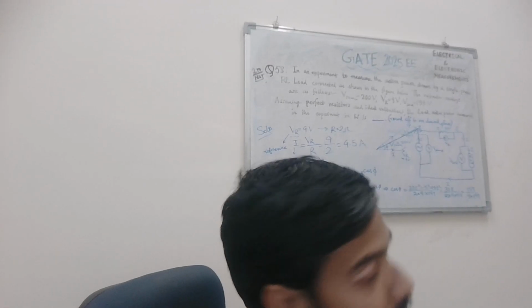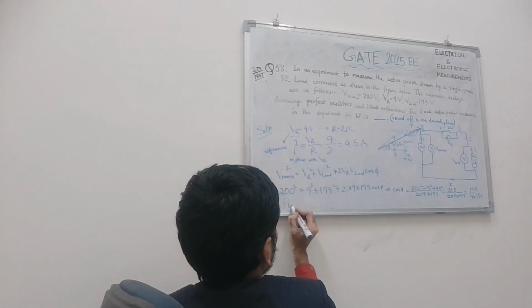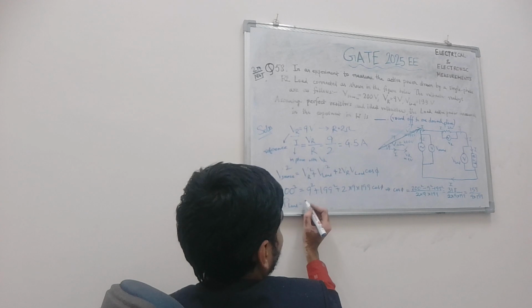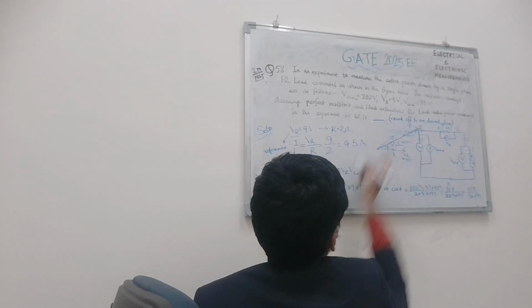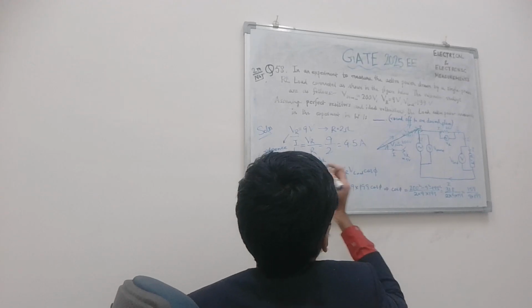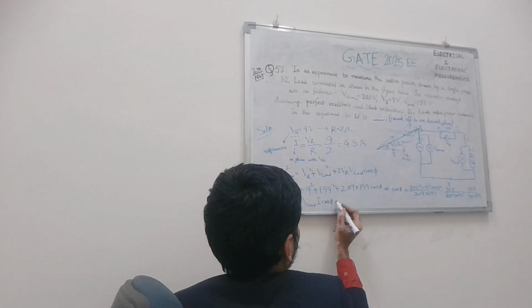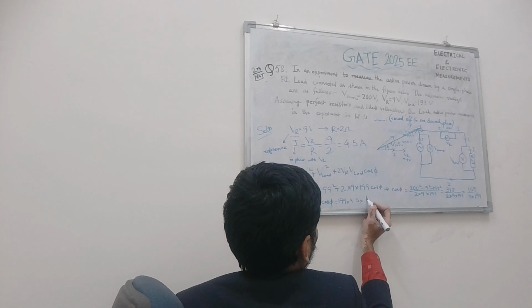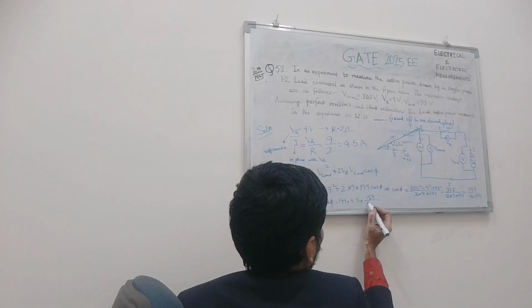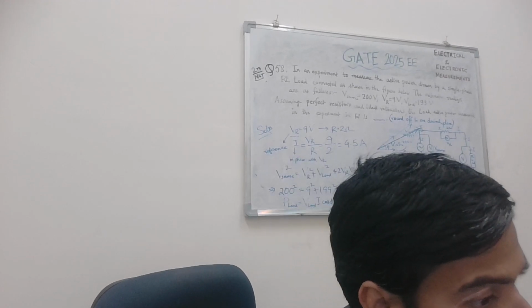Now the load active power measured in the experiment will be P load, simply V load, already given as 199, I we have already found as 4.5 amperes, and cos phi. So 199, 4.5, and cos phi is 159 upon 9 into 199.